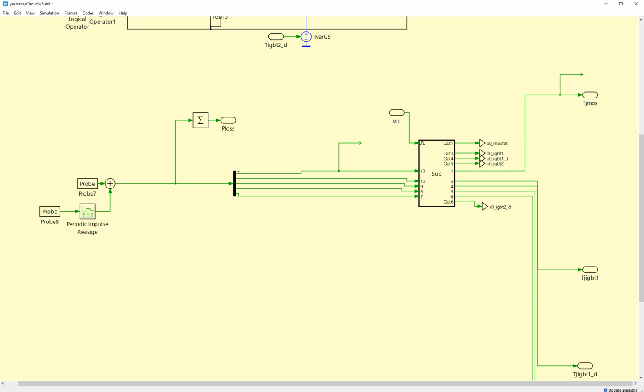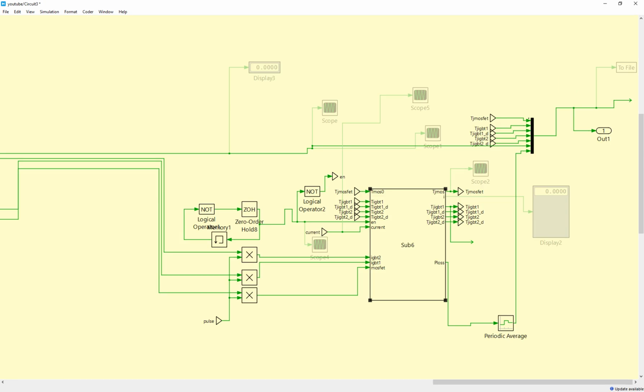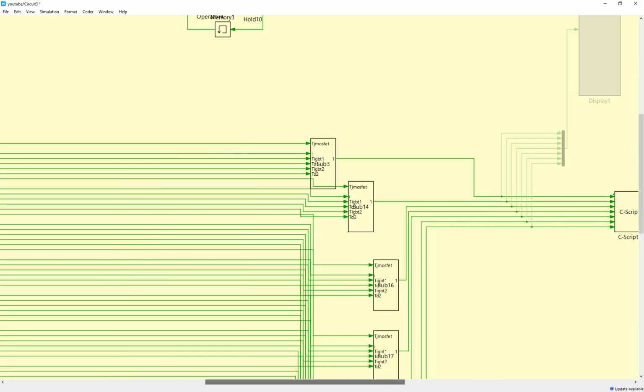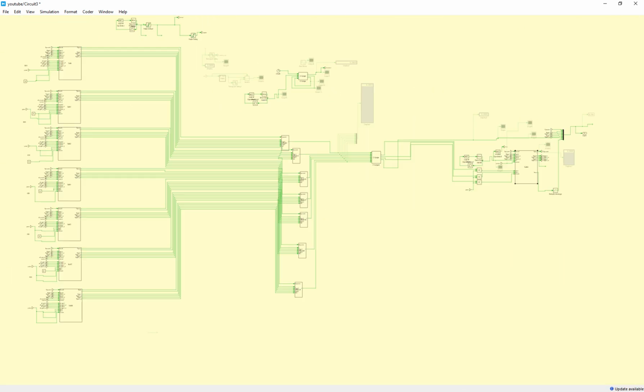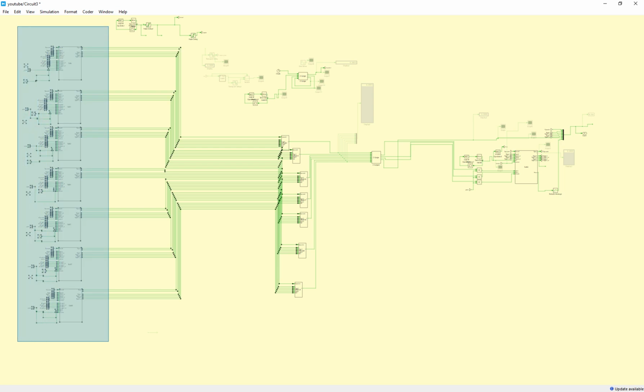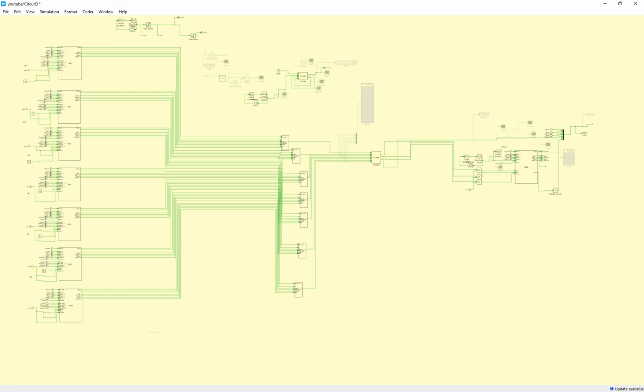So this thing is actually the main engine for calculating the junction temperatures, because this is the main simulation. It's like this is my real circuit. Before up to here is everything purely simulation, or we can do it in scripts.